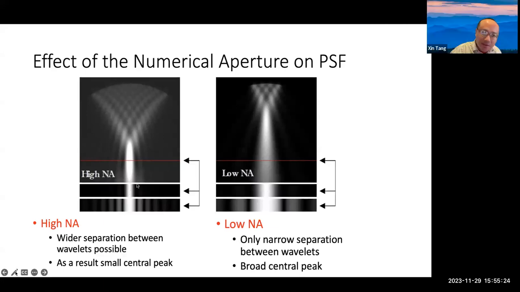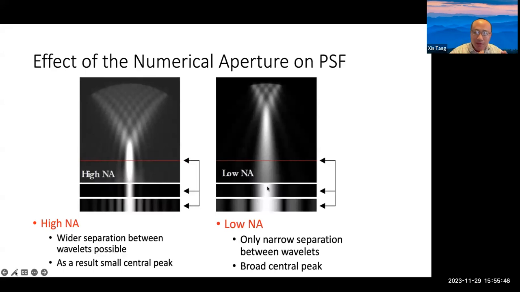You want this pattern to be narrower because this is the image of one particle. What if I have another particle very close to it in the sample plane, but once they are imaged to the imaging plane, the patterns are very wide and broad?